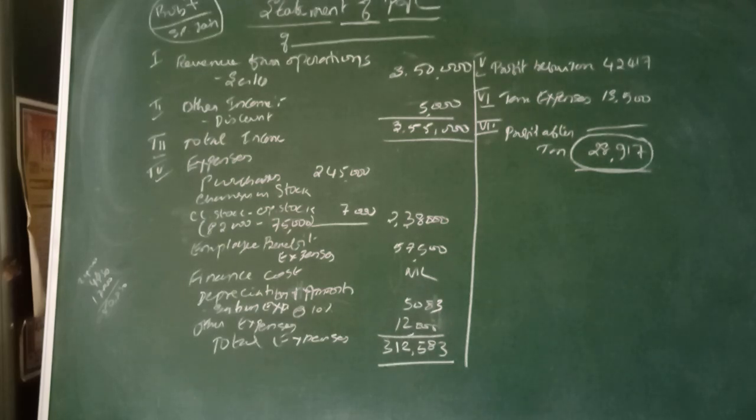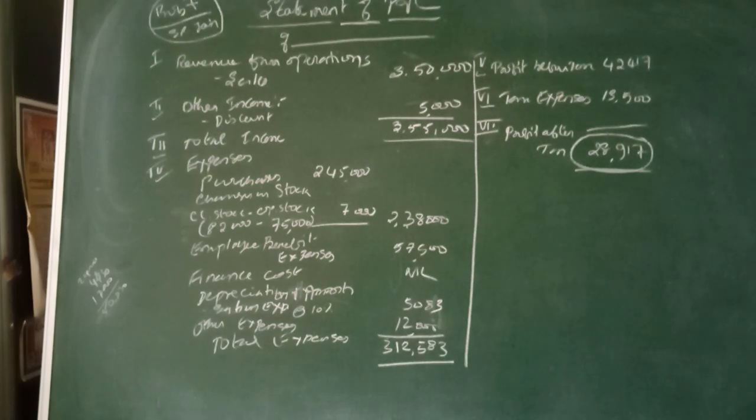So for all fixed assets, plant and machinery, furniture and fittings, depreciation is calculated. Total fixed assets value is 50,830. On that 10% should be applied. That comes to 5083, and that is shown in P&L account.